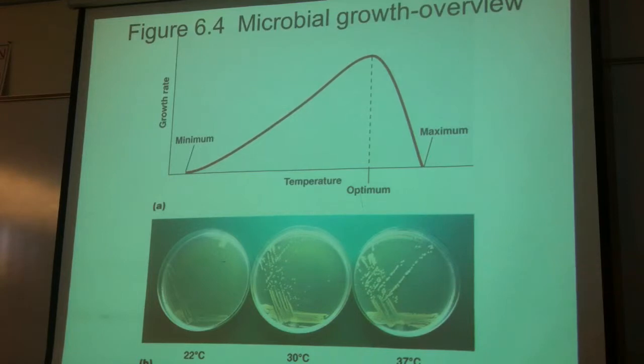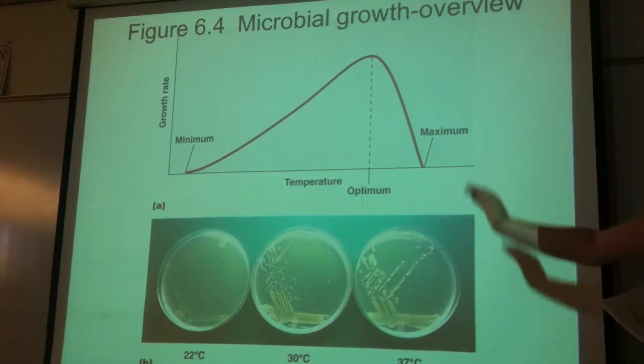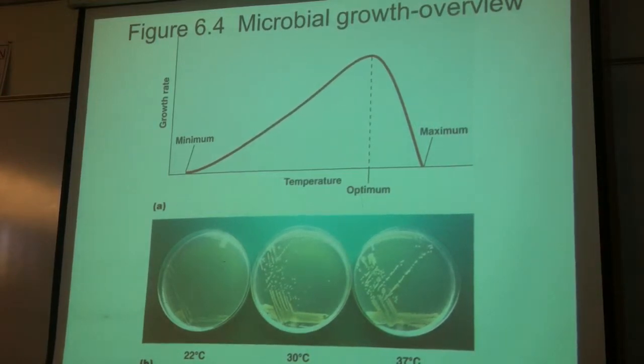Whereas if you ramp it up, everything's going to speed up, you'll get faster growth, but you might also cause problems because it's not used to that high of an extreme. You might even kill it if you go too high. Then you've got to try and find that optimal spot, that sweet zone, where it is really producing the most, the highest level of growth. You have your growth rate, and then what temperature gives you that optimal growth rate.